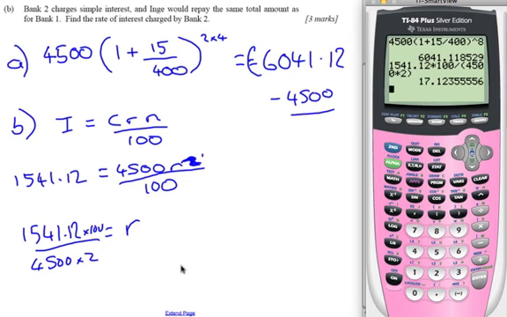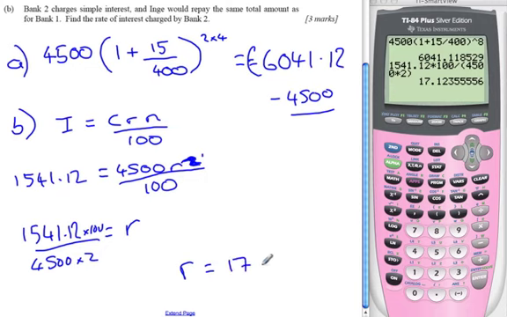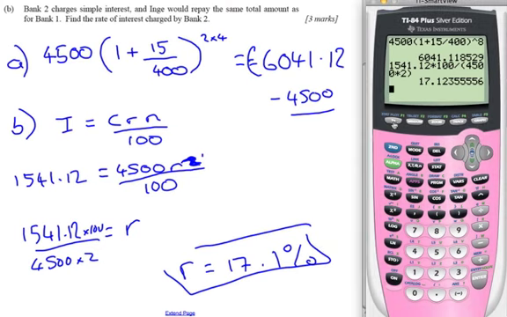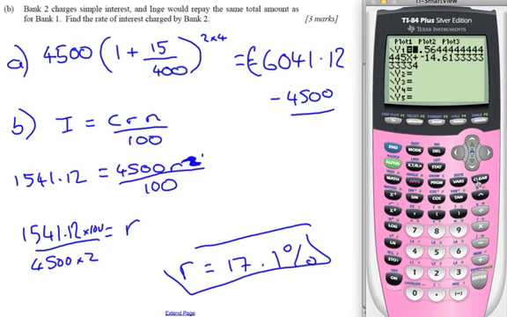Okay, does that sound right? 17, I guess it is, because the other one was 15% interest, so this is fairly close, right? So 17.1% interest if we're using simple interest. And if it's not compounding, then that number, to create the same amount of interest with simple interest, needs to be larger. Okay, should we show this quickly, or what do you think?